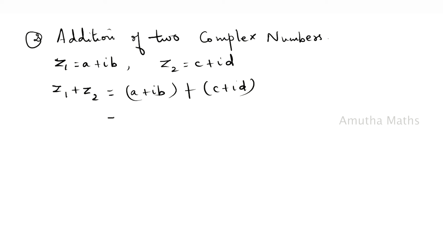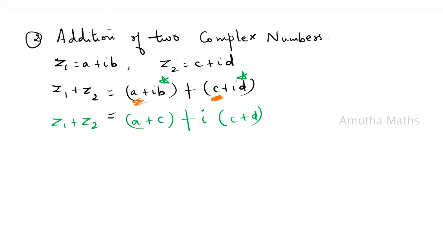Here listen carefully, we have to add the real part and the real part, imaginary part and the imaginary part. This is how we have to add. So a plus c plus i into b plus d. So this is Z1 plus Z2.